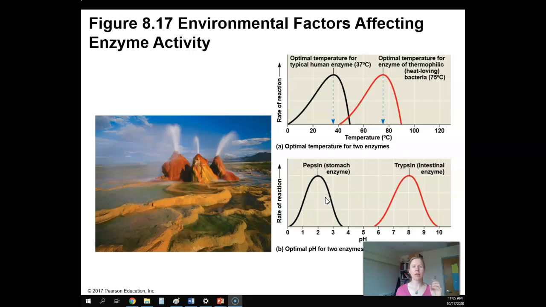So as the contents of the stomach with a very low pH enter the small intestine, we dump a bunch of buffers that the pancreas makes to neutralize the pH and make it appropriate for the intestinal enzymes. Those kinds of factors can make a big difference in how enzymes function.